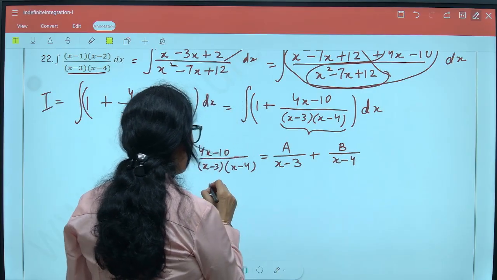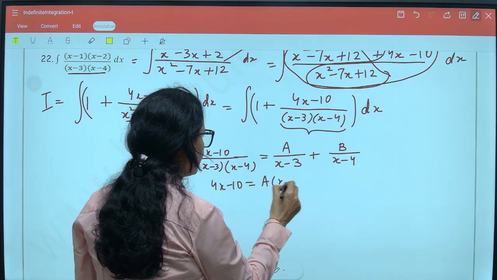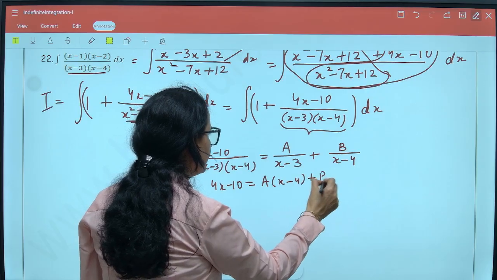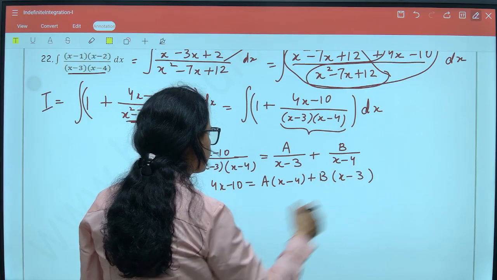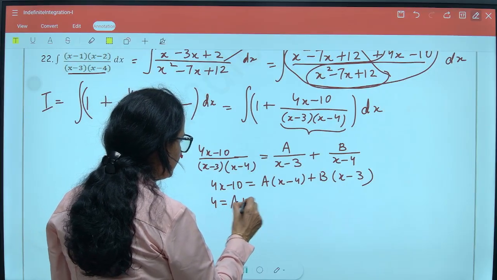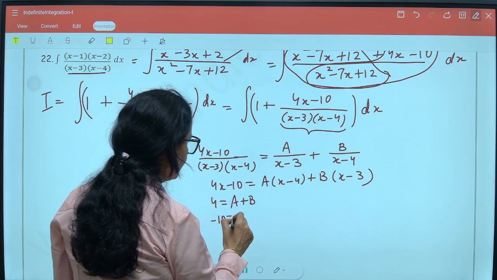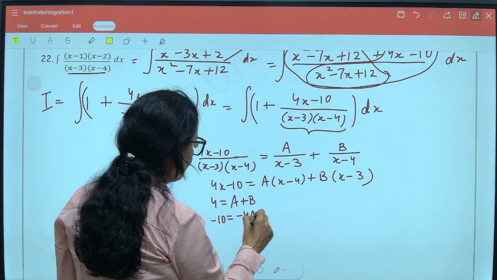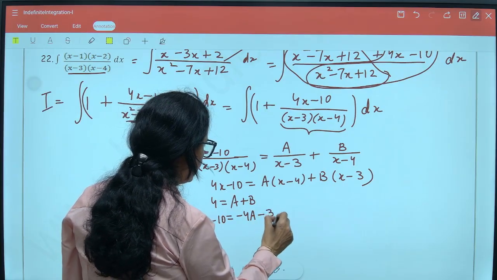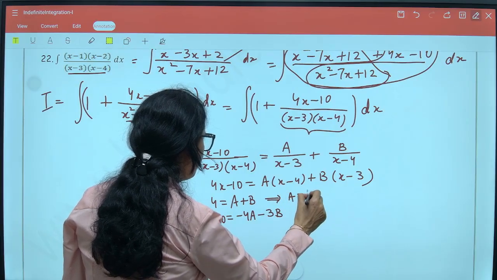So if you equate the coefficients, 4x minus 10 equals a into x minus 4 plus b into x minus 3. Equate the coefficients: 4 is equal to a plus b, and the second equation is going to be minus 10 equals minus 4a minus 3b. This means a is 4 minus b.